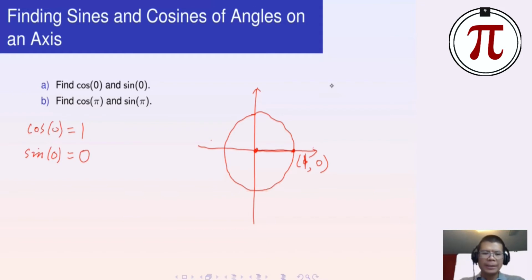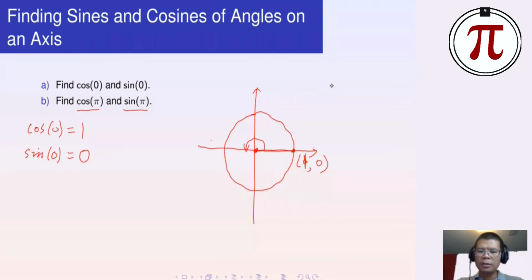Very good. Now we also want to find cosine pi and sine of pi. As we know, pi is the half circle, right? One full circle is 2 pi, so pi is half a semicircle. So this angle is pi here.